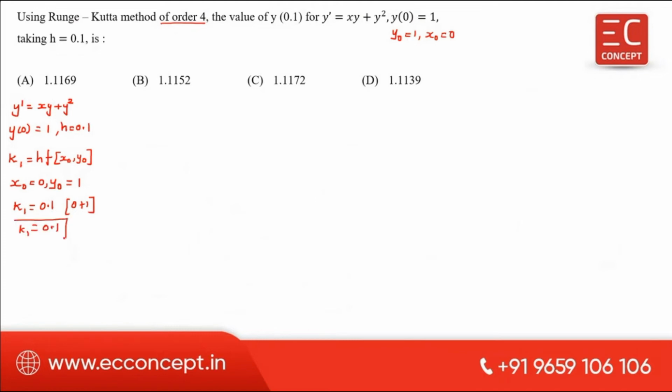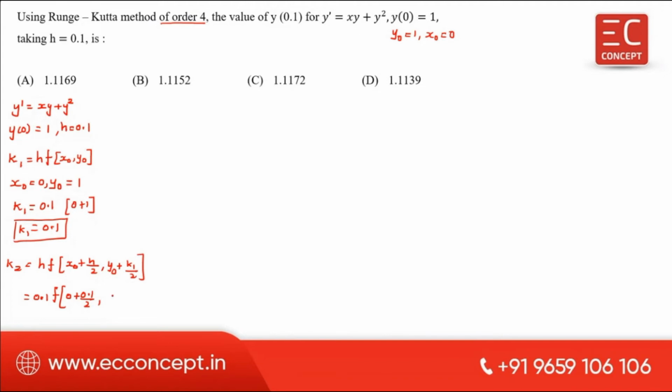You got k1 now. Similarly k2 is equal to h into the function of x naught plus h divided by 2 comma y naught plus k1 divided by 2. So 0.1 into the function. What is x naught? x naught is equal to 0 plus h, which is 0.1, divided by 2.